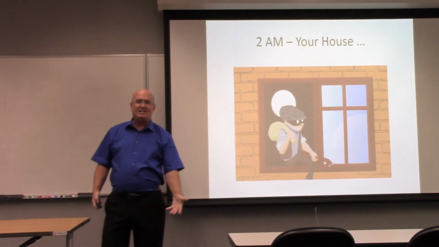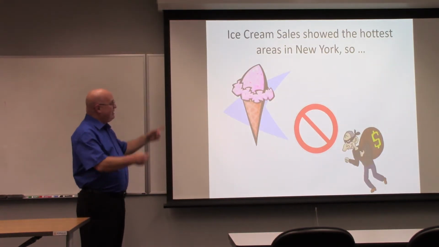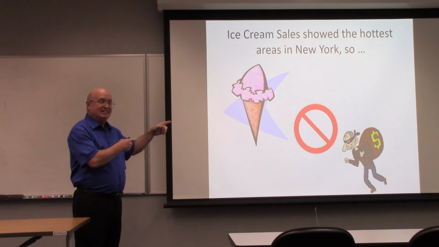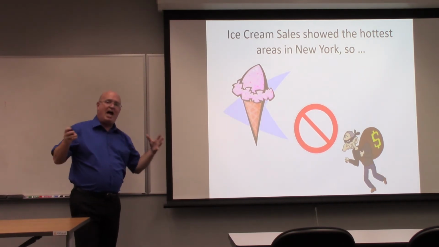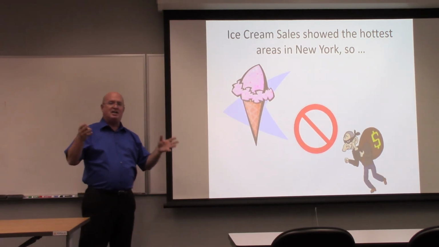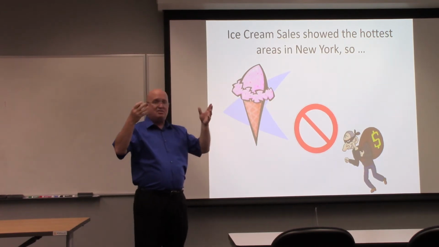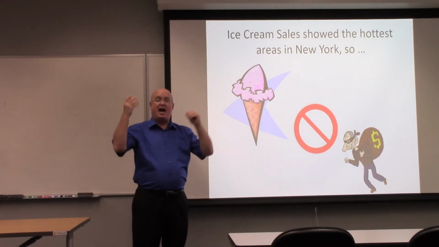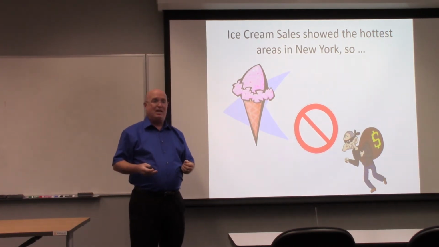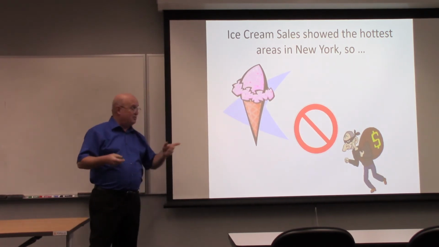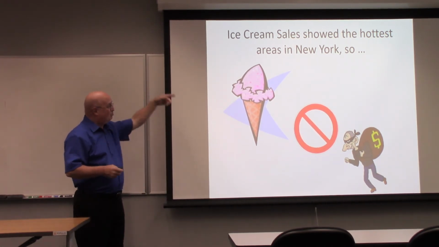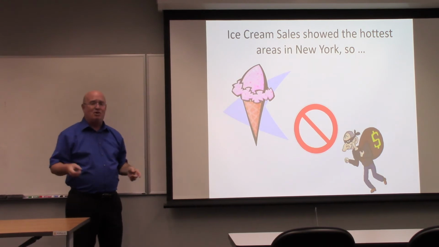So what did the police actually do? Well, they took the ice cream sales and found out where the hottest parts of New York City were. The more sales, they assumed the hotter it was going to be. So there'd be more open windows. That's what the crooks knew. But they weren't looking at ice cream sales, they were just looking for open windows.